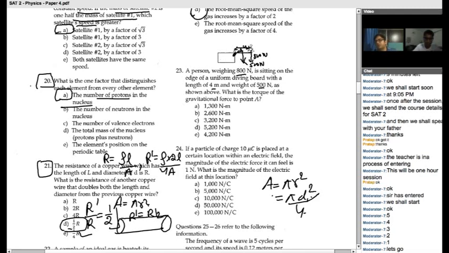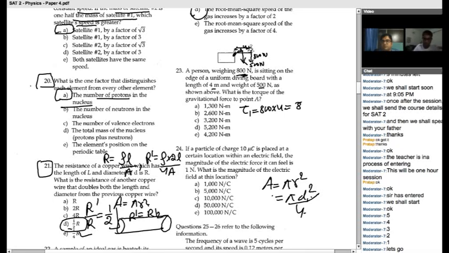Use the formula of torque, that is force into arm length. Now there are two forces acting. One is at a distance of 4, the other is at a distance of 2. Because of 800 Newton, the torque is going to be 800 into 4.